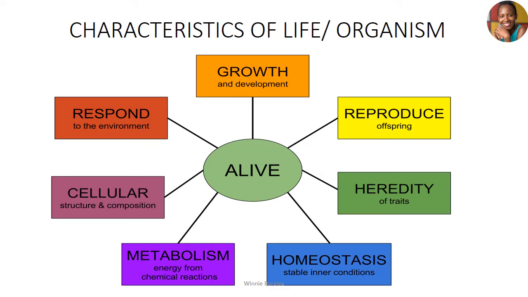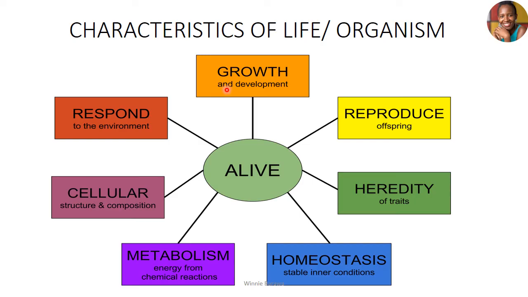And one of it is growth and development. So by growth and development, we mean the organism is able to grow both in size and shape, but should also have the ability to perceive the environment, understand, and interpret, that is cognition.